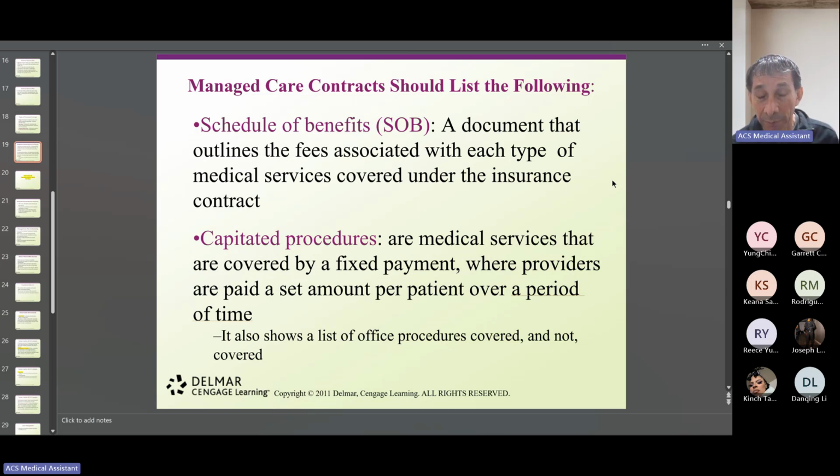They give you the number of visits, and they will not go beyond that. When you surpass that limitation and you go back again, your insurance is going to deny it. It will show that you don't have coverage anymore, because you already got all the visits that were assigned to you.